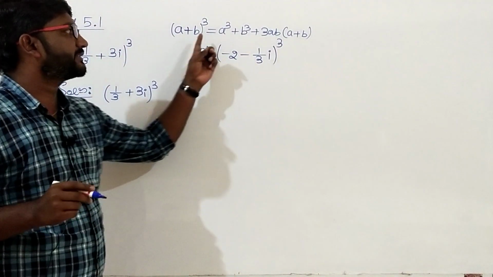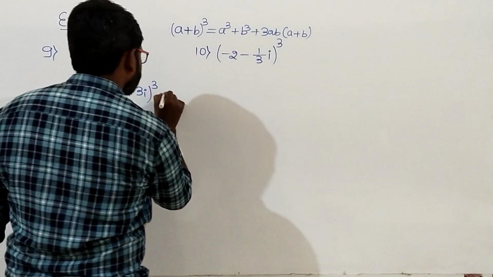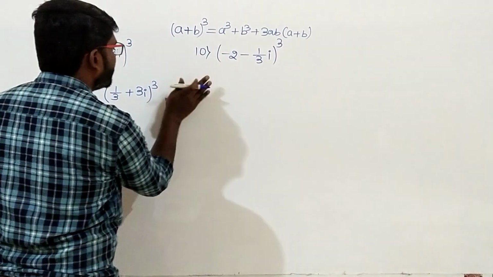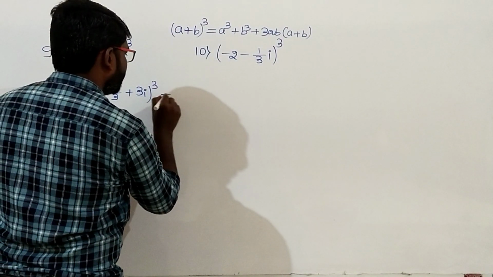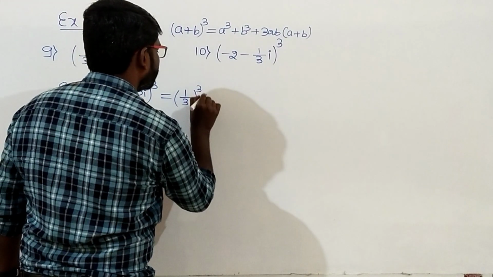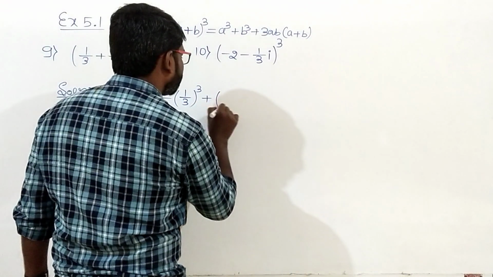This is the standard known formula. Let us apply it now. a cube is (1/3) the whole cube, plus b cube, that is (3i) the whole cube.